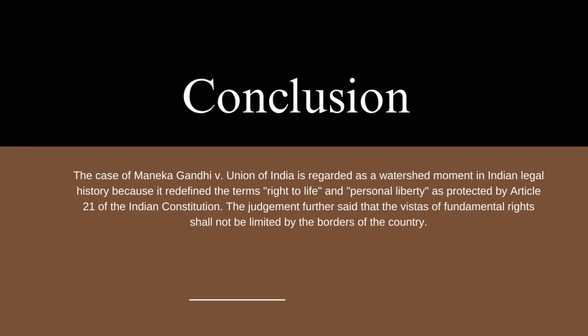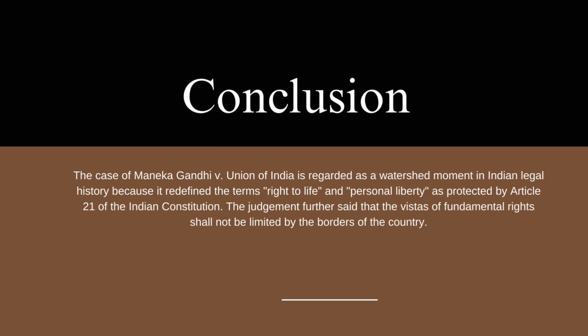Because it offers a novel interpretation of the right to life and personal liberty, which is protected by Article 21 of the Constitution. The ruling has also held that the scope of fundamental rights shall not be constrained by national limits, and this case is also known as the Golden Triangle case.